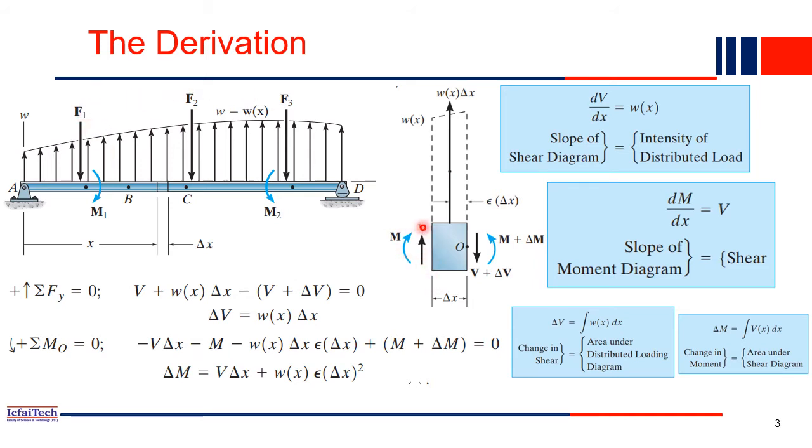Then the UDL wx is acting in the upward direction. The dotted line is basically the UDL. If you replace this UDL with a concentrated force, then that should be wx times delta x, where delta x is the length.